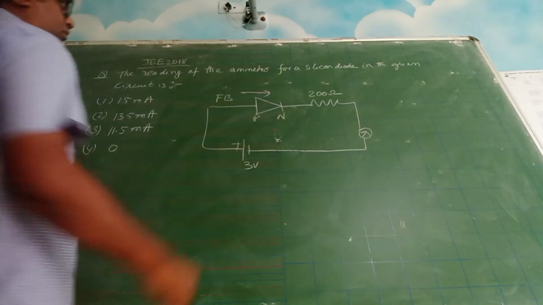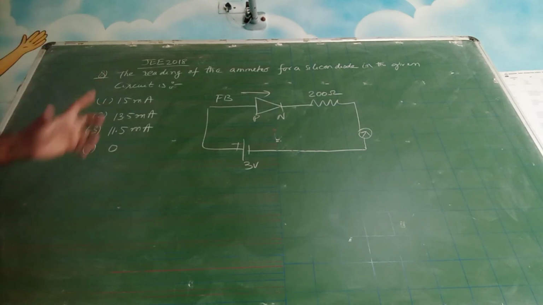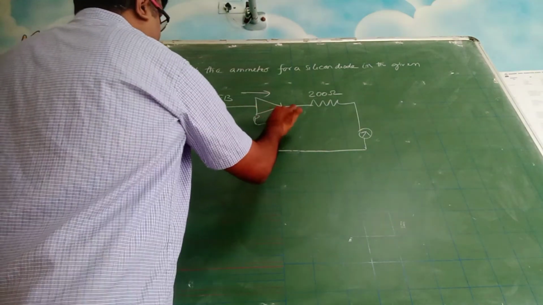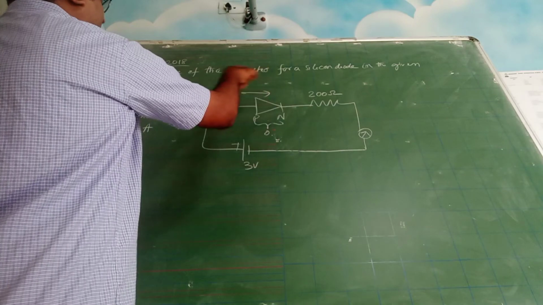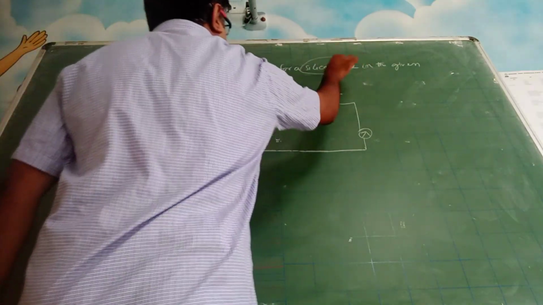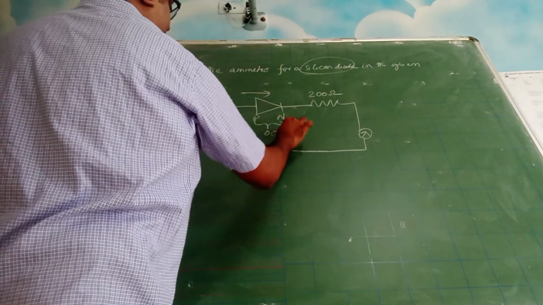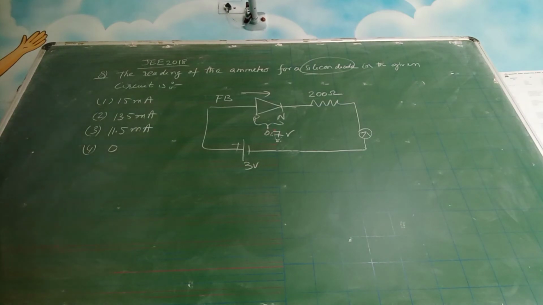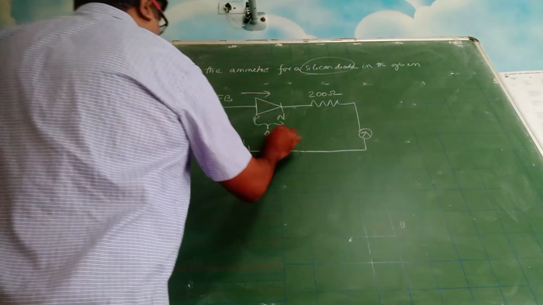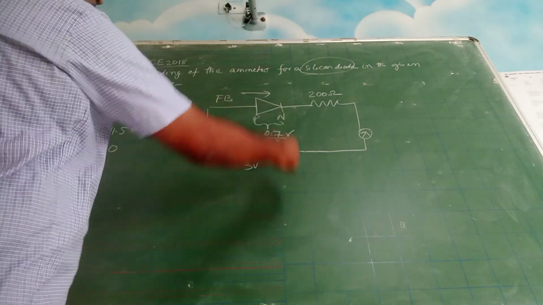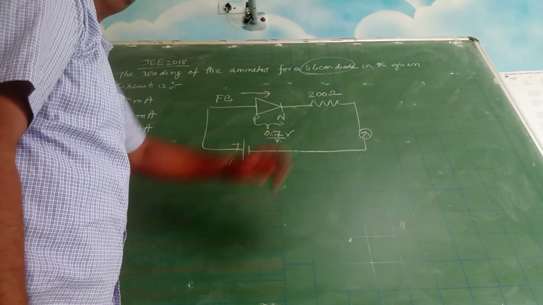So current will flow. Now when will the current flow? When the potential difference between these two, because this is a silicon diode, is 0.7 volts. For germanium it is 0.3. It is usually given in the question also sometimes. So 0.7, if the voltage is more than this, it will be able to flow the current.